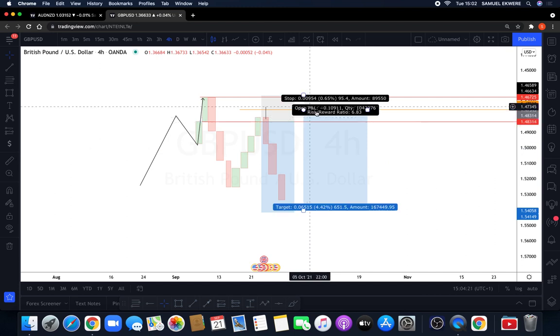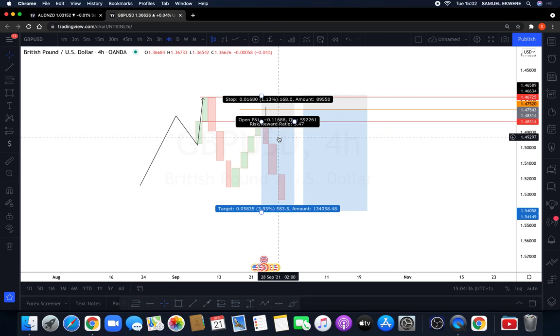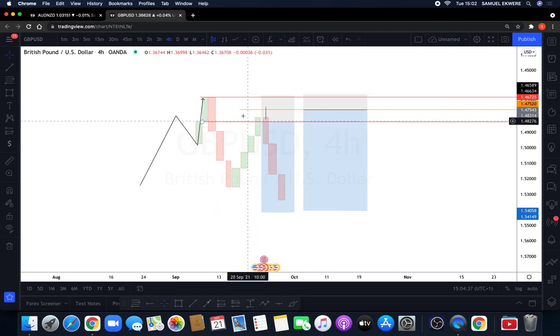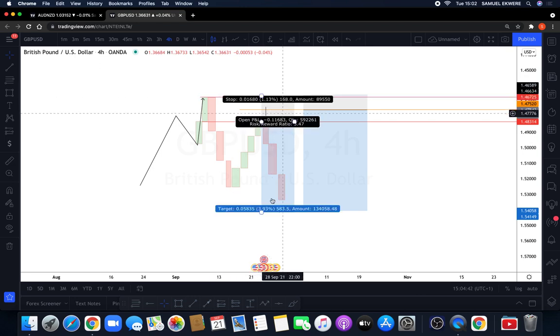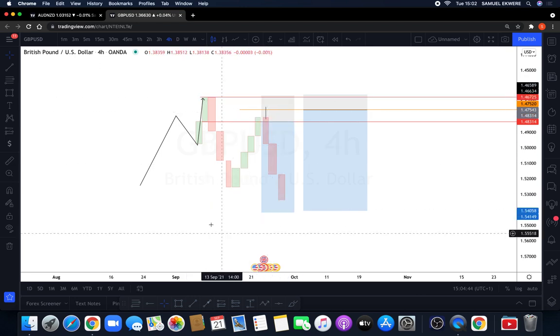If you're always using the 50%, sometimes you would miss your trades. But if you're using the 100%, you would always get into the trade if the order block is respected, right? Okay, so that is that for order block.